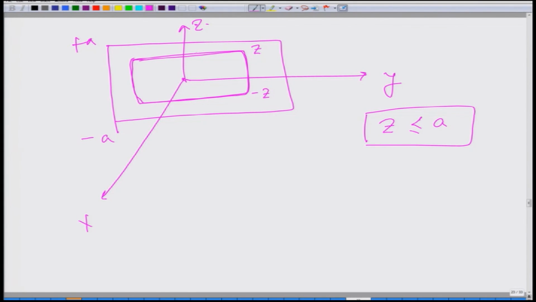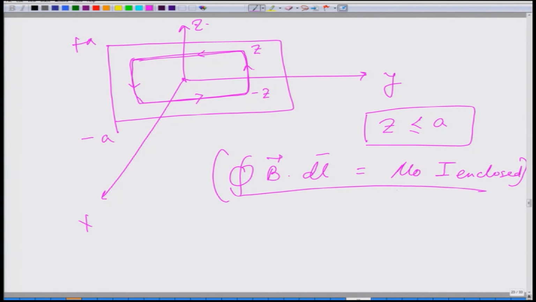Now we will use Ampere's law, which gives us closed integral of B dot dl is mu 0 I enclosed.